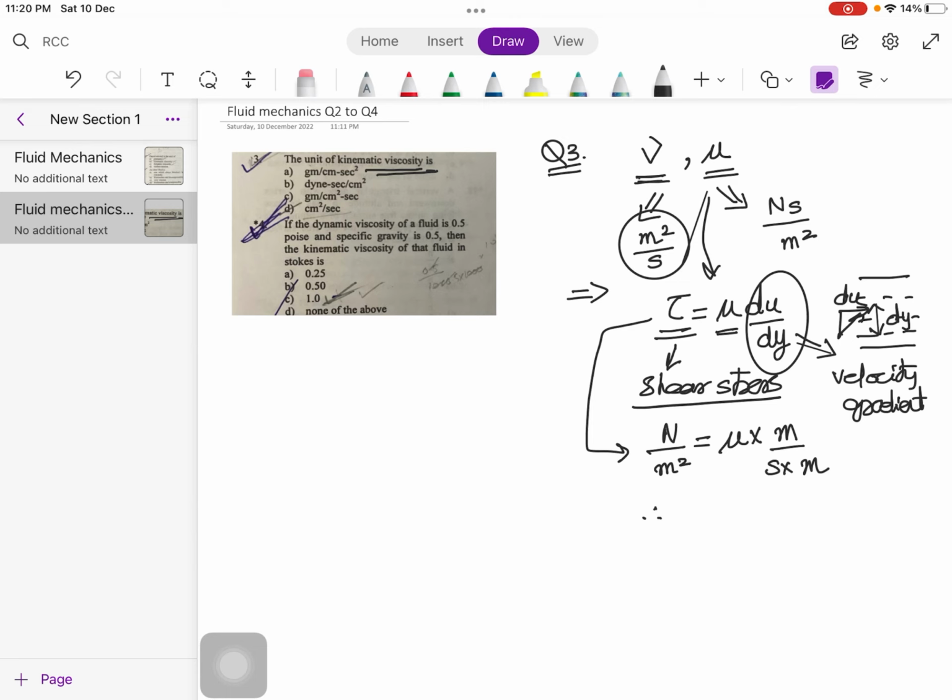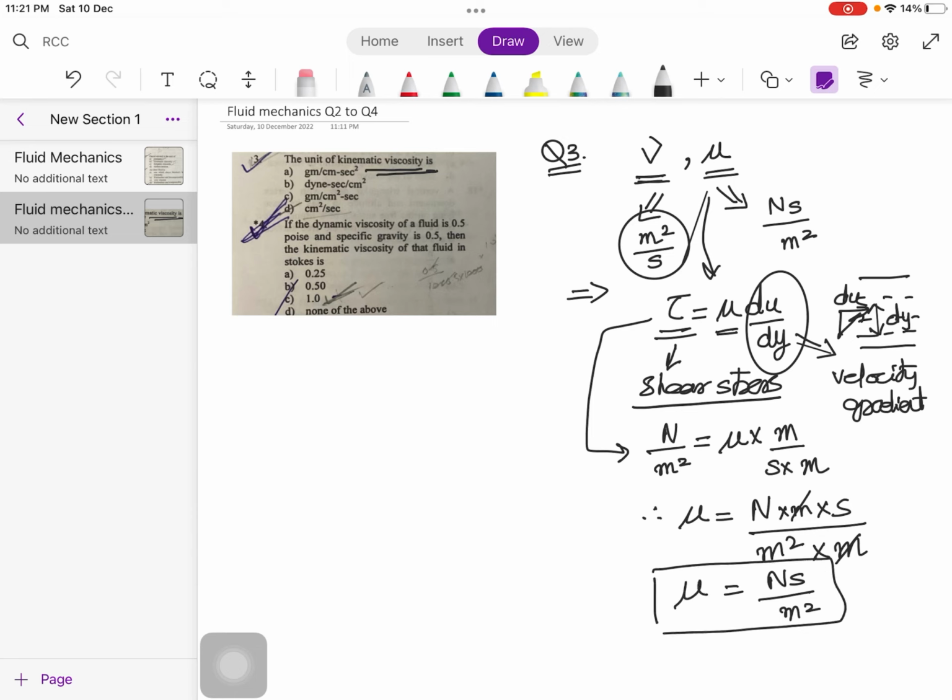If we rearrange this equation, mu equals Newton times meter times second, upon meter square times meter, which equals Newton second upon meter square, which gives us the unit for dynamic viscosity.